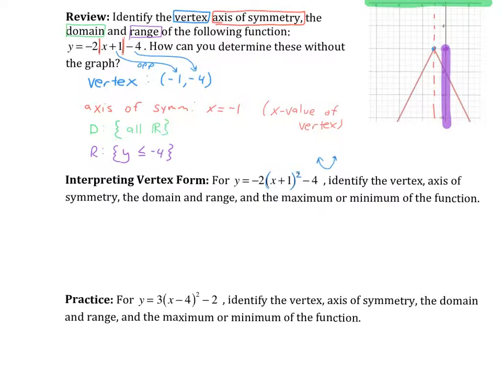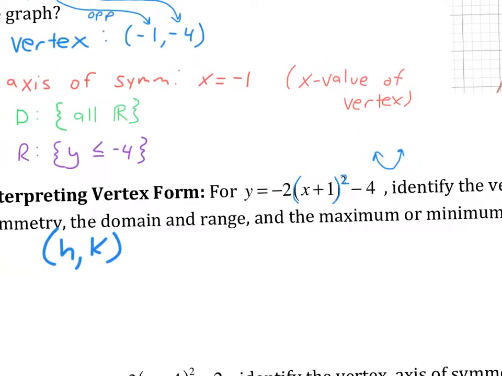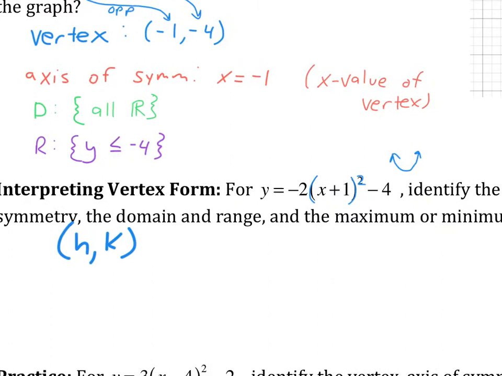All right, so first off, remember that (h, k) is my vertex. And so h is going to be the opposite of what I see inside, right there, and then k is exactly what I see right there. So there is my vertex.